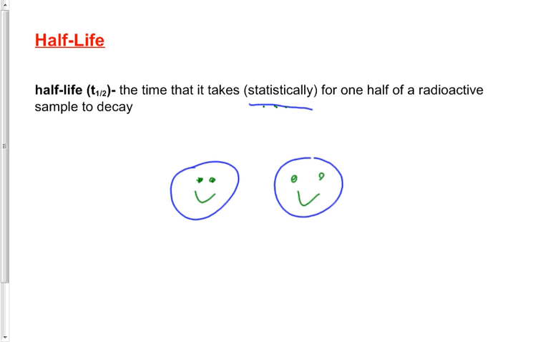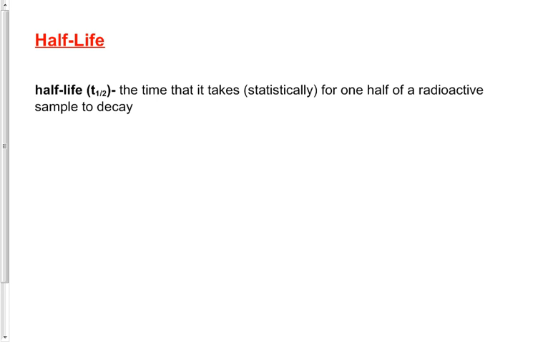All right, so let's say you start off with 1,000 nuclei. They're all radioactive. The half-life is 5 years. How many of those radioactive nuclei do you have left after 5 years? 5 years have gone by. You started off with 1,000.